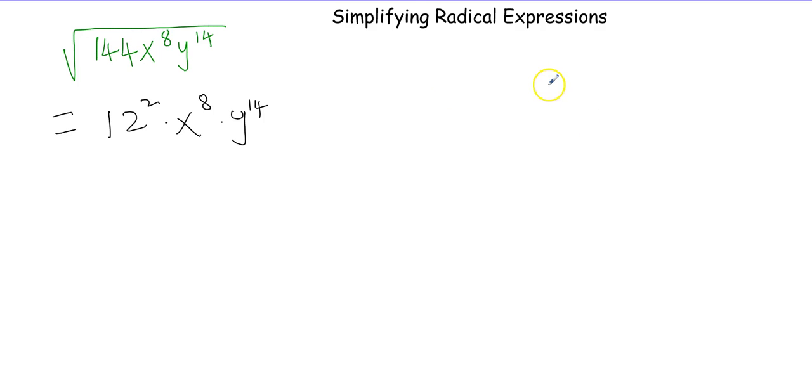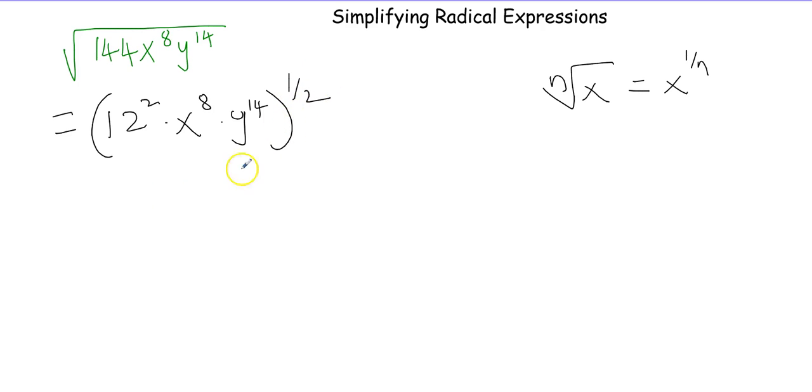Like we discussed in the previous video, the nth root of x to the power of n is x to the power of 1 over n. So for that square root, I can put 1/2 here.